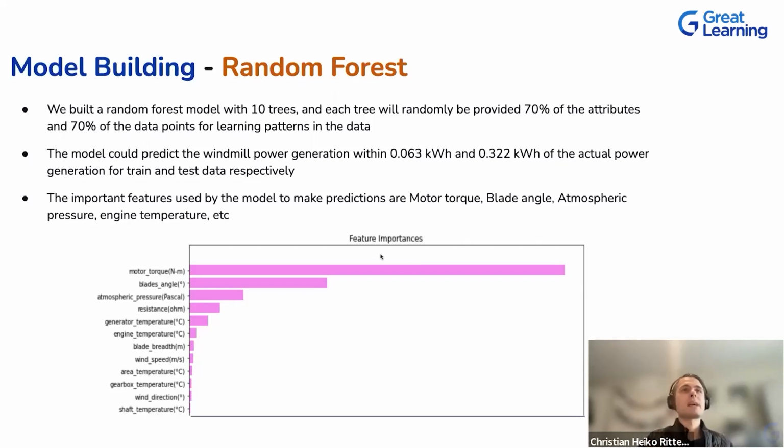For example, in our case, where we applied all those variables in our random forest, we can identify feature importance by variable, and see here that the motor torque is actually a strong predictor with a large feature importance, while the shaft temperature and wind direction actually contributed very little. There are more complex methods to analyze importance of features. There's a whole field called explainable AI, which is also booming, to get better insights into the contribution of each variable.